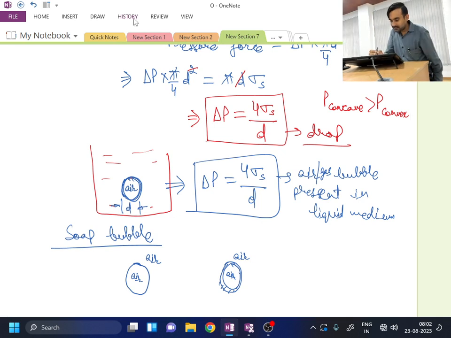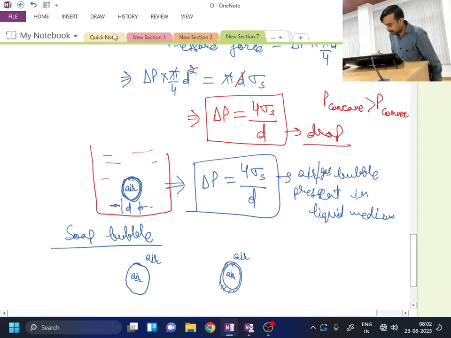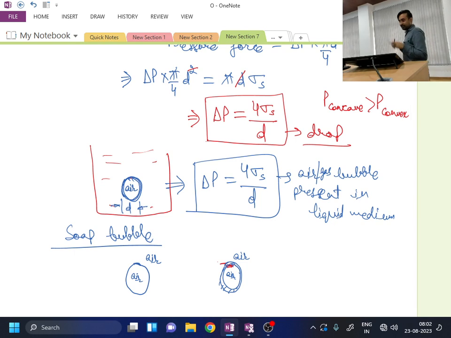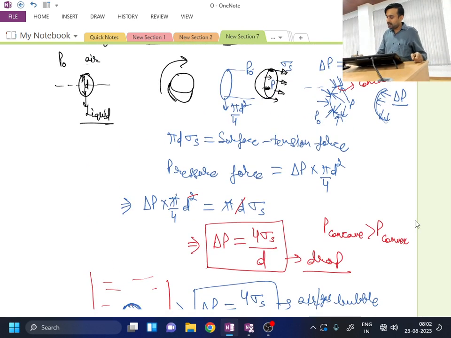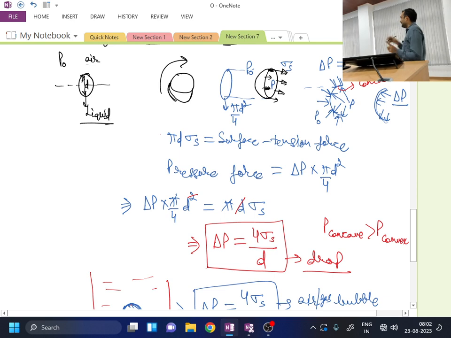One is this interface and another one is this interface. So surface tension is acting at two interfaces. In the previous force balance, when we calculated the surface tension force, in place of pi d into sigma s, it will be 2 pi d into sigma s, considering the liquid film thickness is negligible.